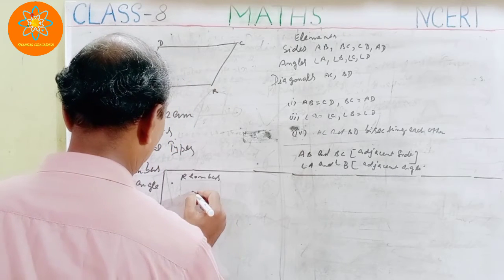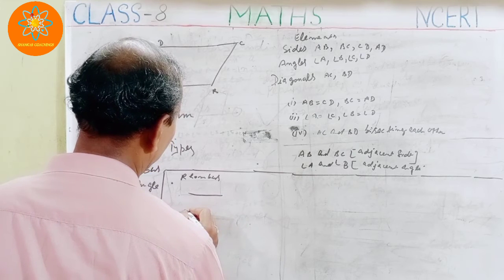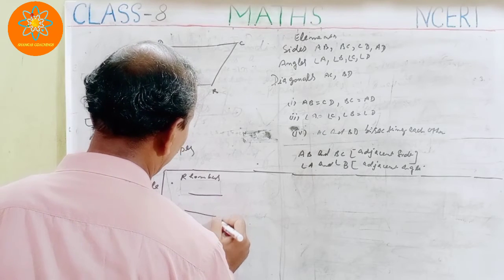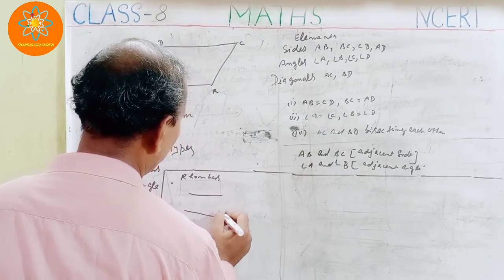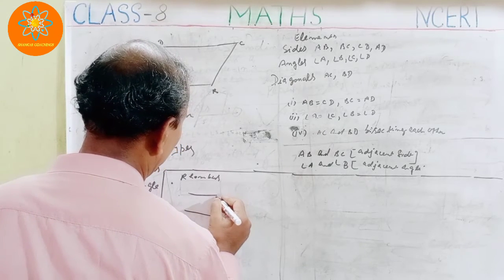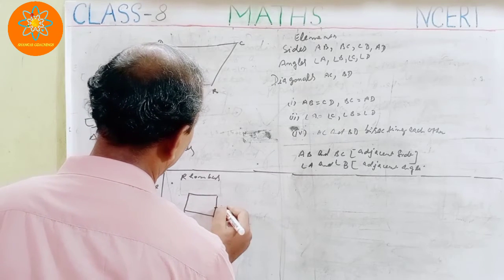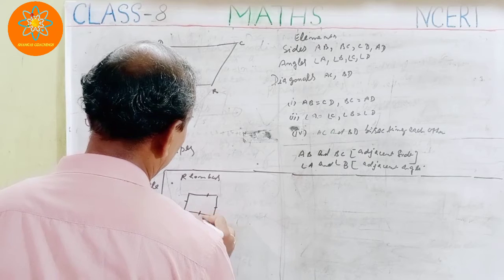Rhombus means it is a parallelogram having all four sides equal. Of course, it is parallel, but all its sides are equal.